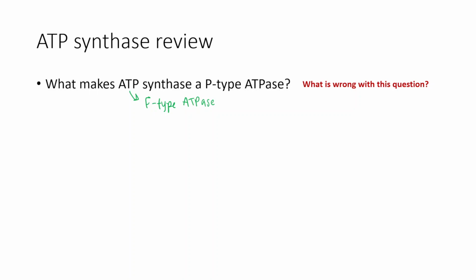The P-type is going to use ATP hydrolysis to move the positively charged ions. The F-type ATPase, which is what ATP synthase is, takes advantage of a positive proton ion gradient to make ATP. So they kind of have the opposite function. One is hydrolyzing ATP, one is synthesizing ATP.